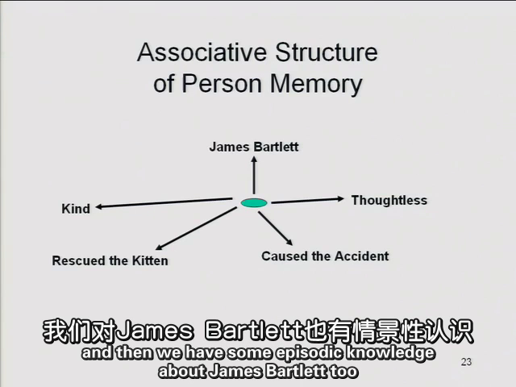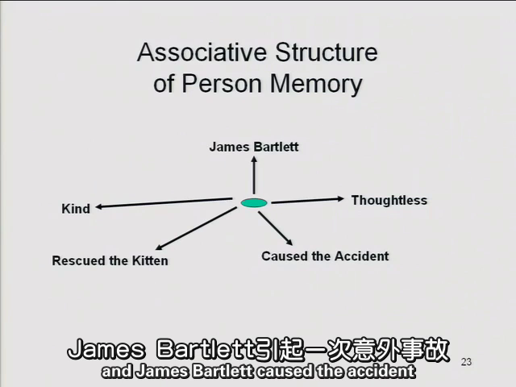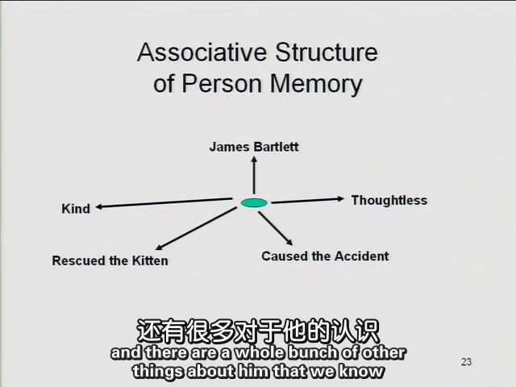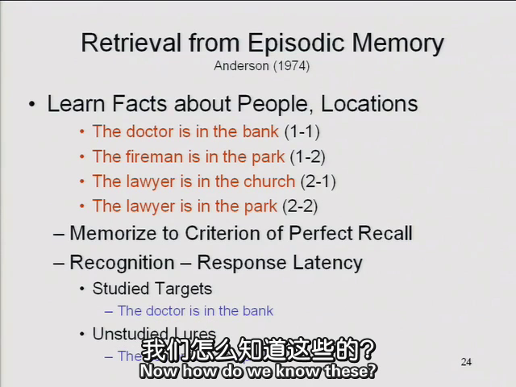And then we have some episodic knowledge about James Bartlett, too. James Bartlett rescued the kitten, and James Bartlett caused the accident. And there are a whole bunch of other things about him that we know. Now, how do we know this?